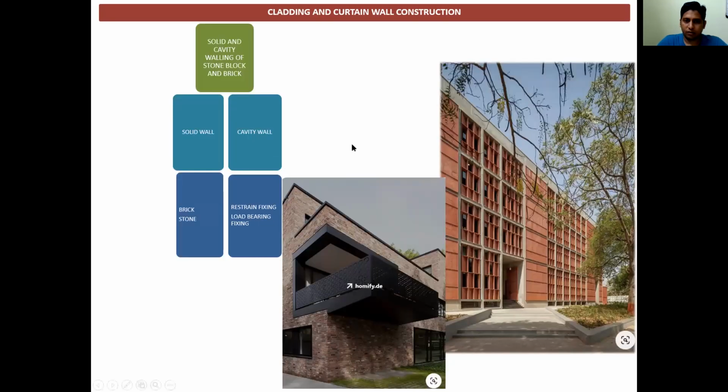In the center, this bungalow is cladded with some kind of brickwork, or this may be a brick tile, which is also available in the market. If you arrange all this brick tile in a proper organized way, this kind of texture will be achieved.